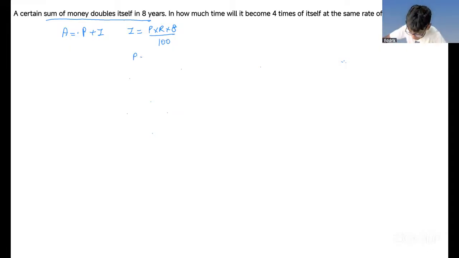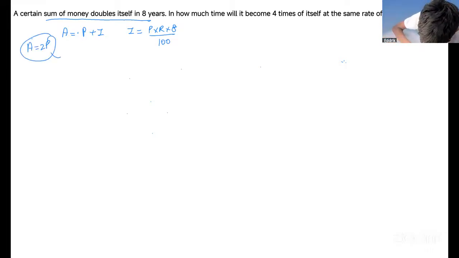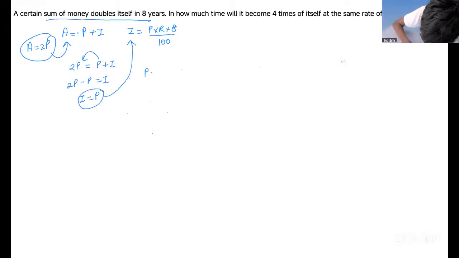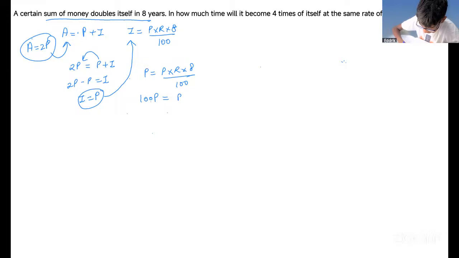Amount is equal to 2P. Interest is equal to 2P minus P, which is P. Time is 8 years.